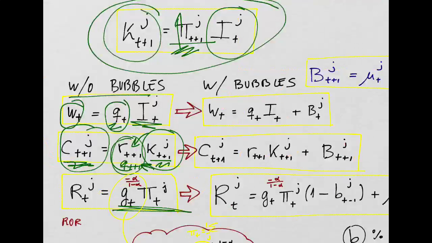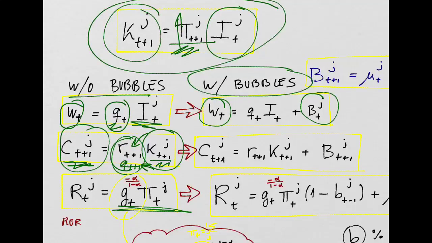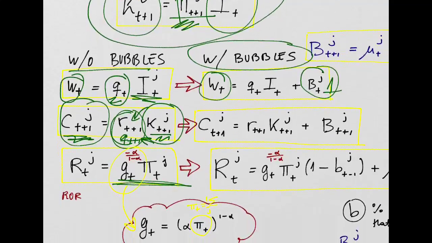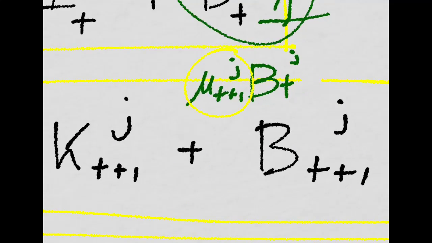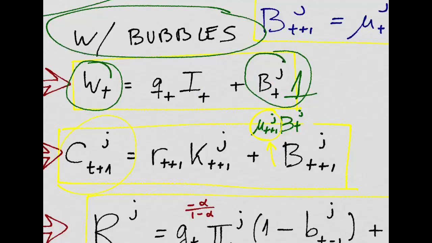But now imagine that there are bubbles, that your country is able to buy bubbles, then you can divert savings into buying the actual bubble. Each one costs 1 unit, and then in the future you can have a return on that bubble that's just equal to this growth rate. So you can consume a little extra.